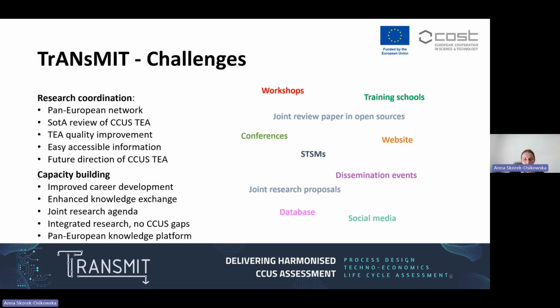In COST, there is no money for research, but there is money for networking. So you can organize workshops and training schools, you can go to conferences, you can have scientific missions, so send people to another collaborator in the network to do something together, basically.